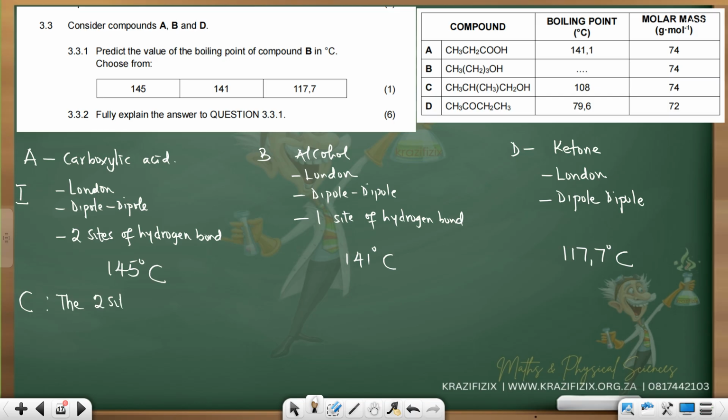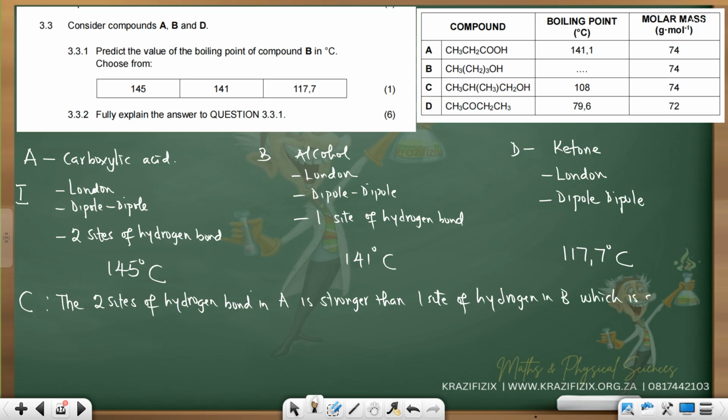The 2 sides of hydrogen bond in A is stronger than 1 side of hydrogen bond in B, which is stronger than the dipole-dipole.